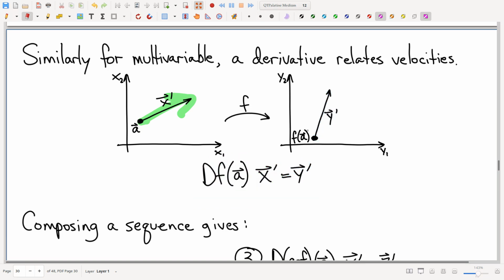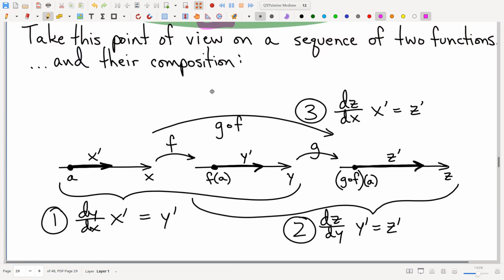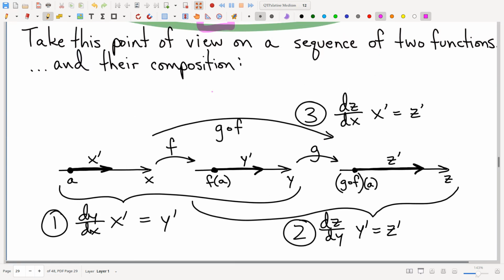Looking back at what we did, we composed Calc 1 kind of functions to get a new Calc 1 kind of function, and made an argument that what you multiply here and what you multiply here, altogether you've multiplied by the product.